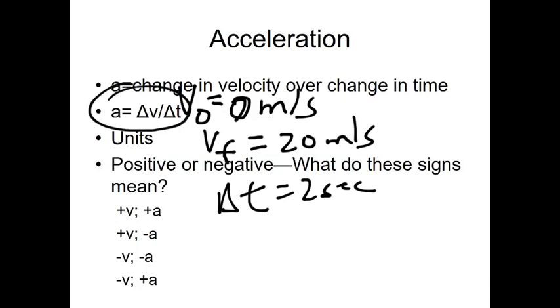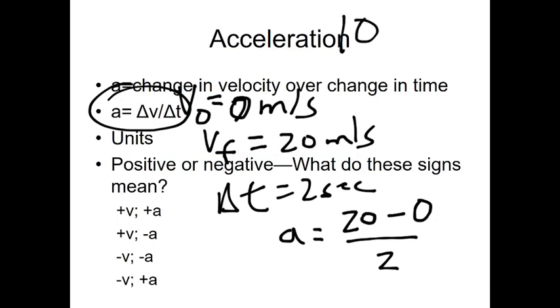So if we go back to this formula, plug in, acceleration equals change in velocity. Remember, that's final, which is 20, minus initial, which was 0, all over change in time. So 20 minus 0 over 2, we get 10. Now let's think about the units. The stuff on top was velocity stuff, so that's meters per second.